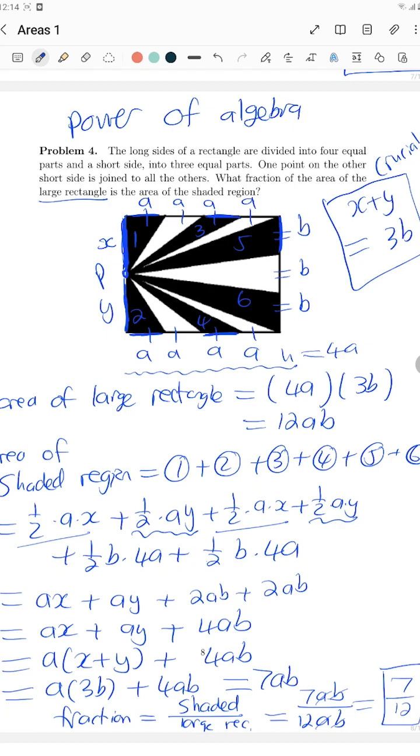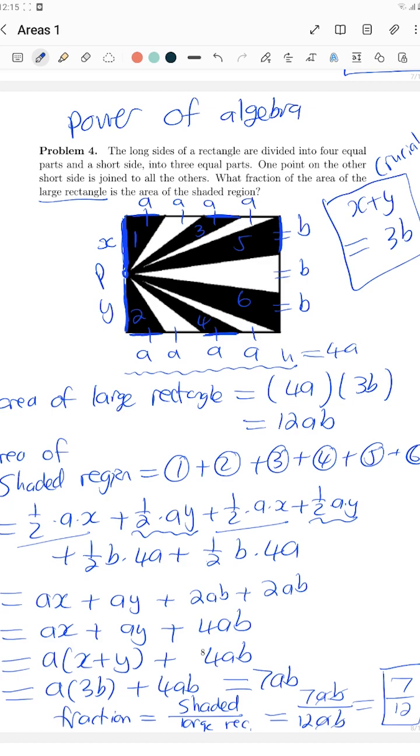Pat yourself on the back if you also got 7 over 12. Very important, this answer is independent of what a, b, x, and y are. So no matter what values of a, b, x, and y you choose in all those diagrams, if you calculate the shaded area divided by the area of the large rectangle in all of those possibilities, it will be 7 over 12.